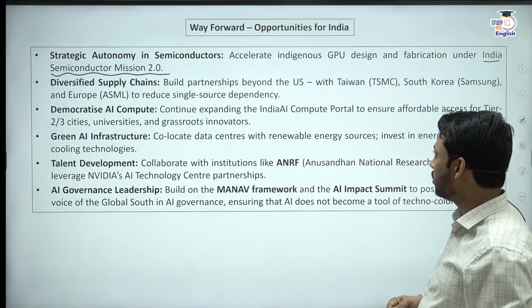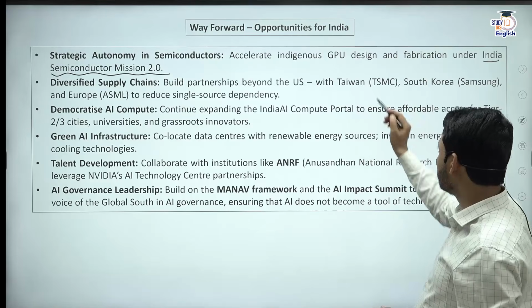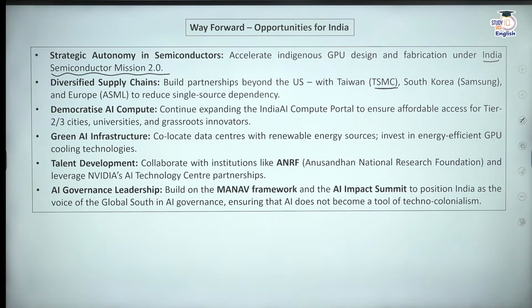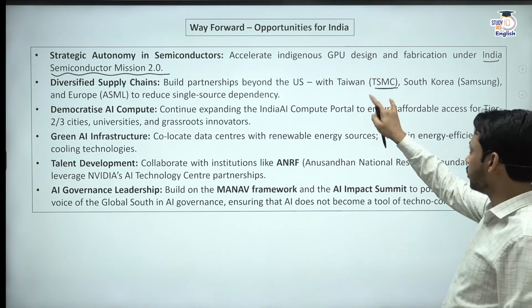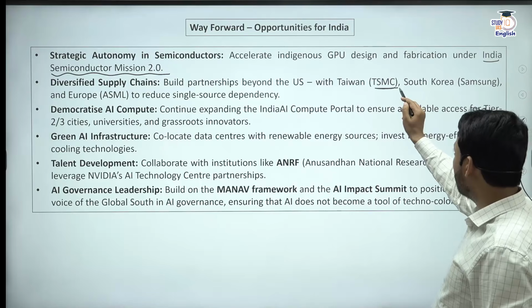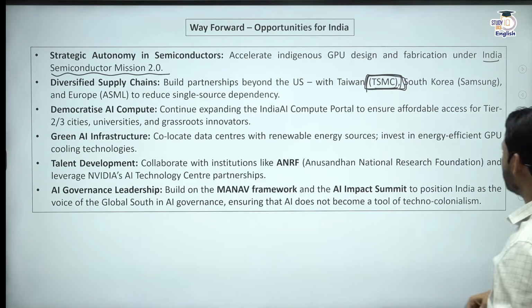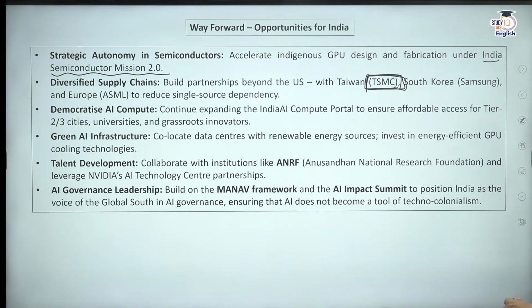We can build partnerships beyond the US, with Taiwan and TSMC. We have PSMC, the Tata Electronics and PSMC, having collaboration in the Dholera, Gujarat fabrication. We have not managed to develop a joint venture or any kind of collaboration with TSMC yet. We should try for that.